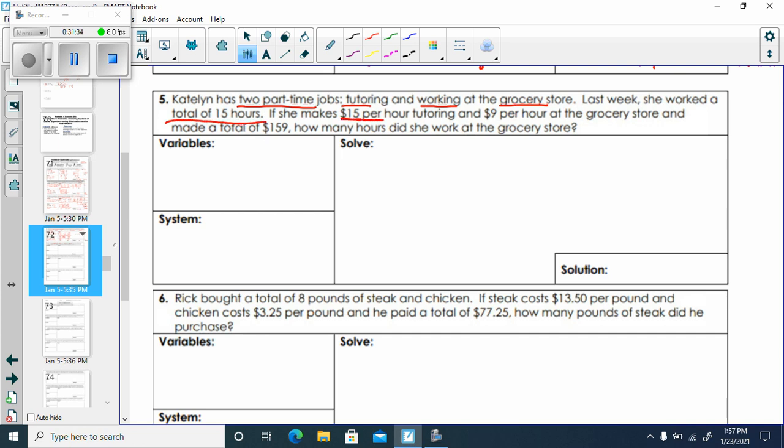If she makes $15 per hour tutoring, $9 per hour at the grocery store, and made a total of $159, how many hours did she work at the grocery store? So we want to know number of hours at grocery store, right? Make this so we can read a little better. Number of hours at the grocery store.